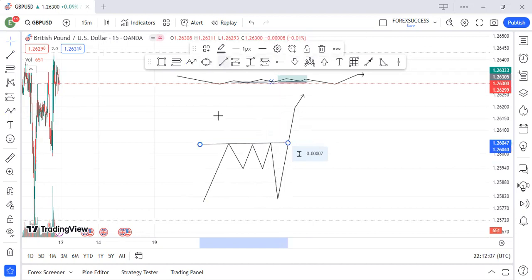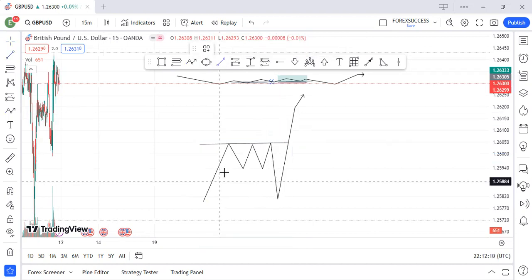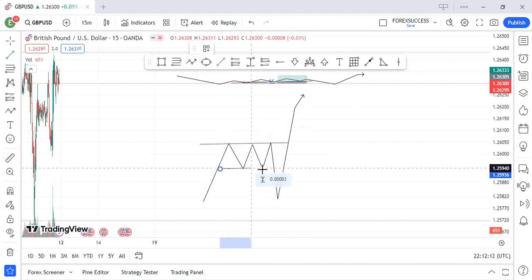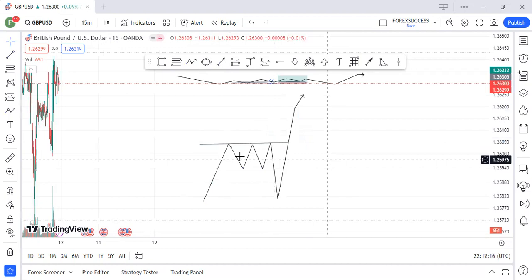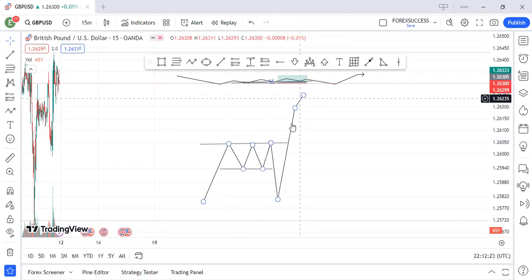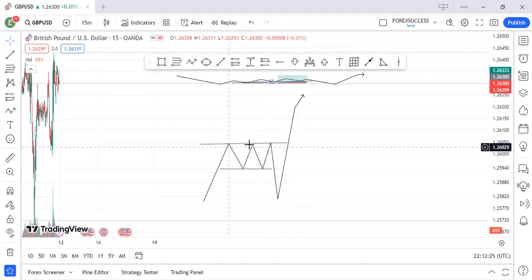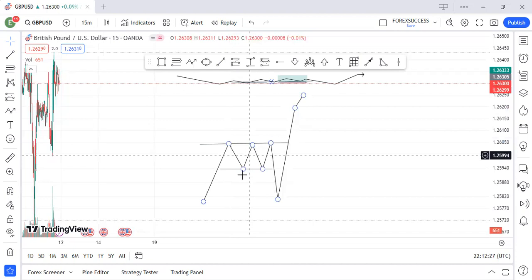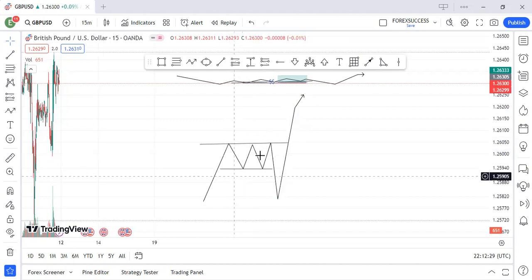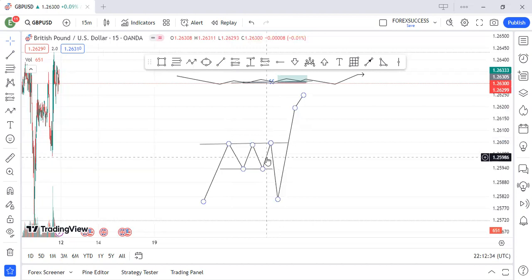And here, liquidity, right? So you can see what happened here. Price swept the sell side liquidity, and it's about the buy side liquidity too, right? So you can now observe here an entire structure which you shouldn't trade. Avoid it.